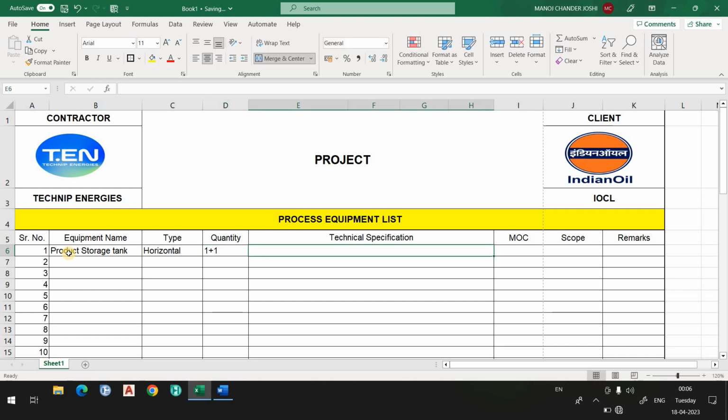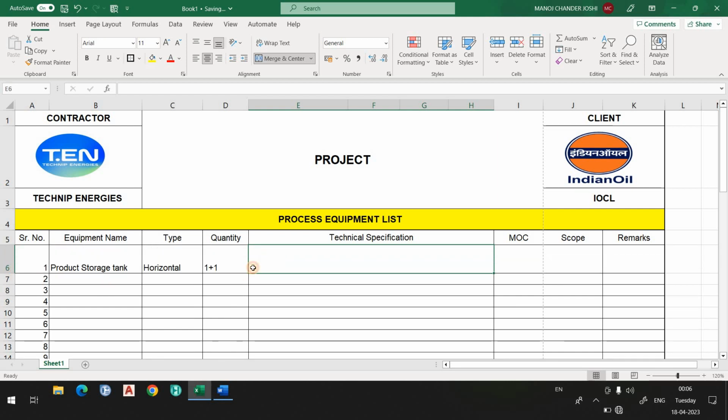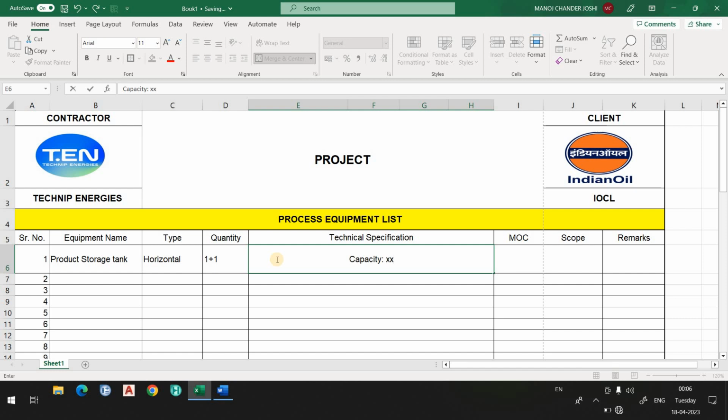Now what technical specification will you give about this tank? Mainly we give the general overview, the general overview of each equipment. Let's suppose I am giving the capacity here, xx cubic meter.